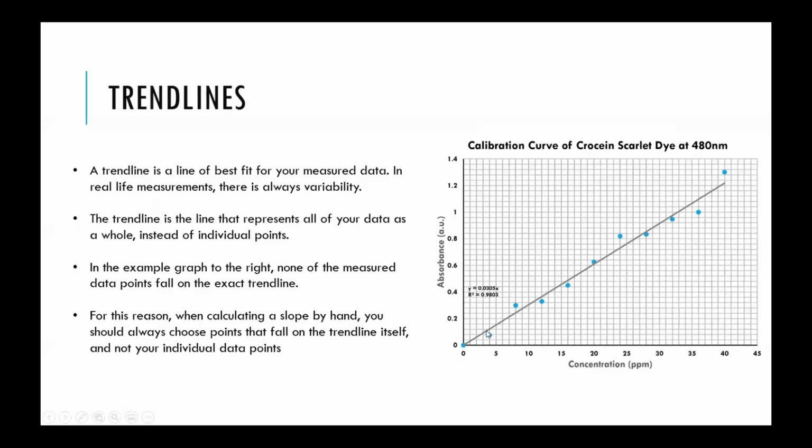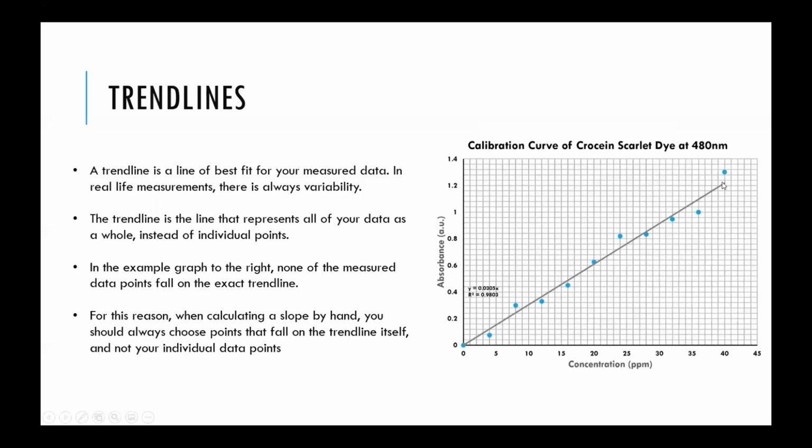However, if I chose, let's say, this data point here and up here, the straight line between them is very different than the trend of the entire data set. Same thing with these last two points over here.